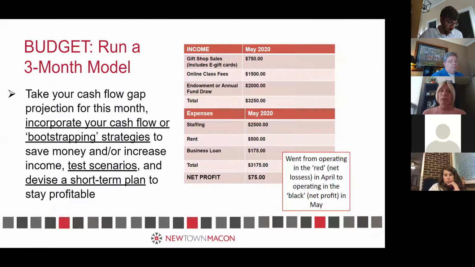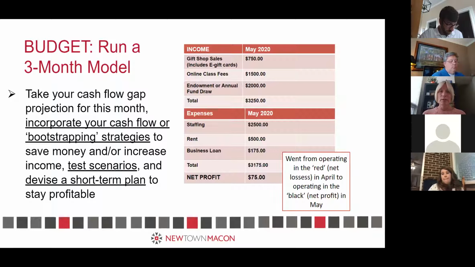The great thing about running these budgets and these models is you can test different scenarios. And that's what we're going to take a little time to do together at the end, because it just really depends for each entrepreneur, each business owner, which scenario right now makes sense. For some of you, collecting unemployment and closing your doors is going to be the best thing to do. For others of you, getting a PPP loan and staying fully staffed for the months ahead is going to be the right way to go.